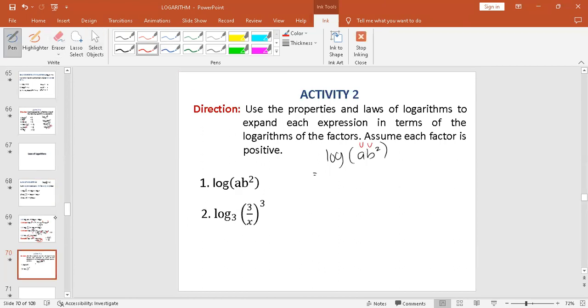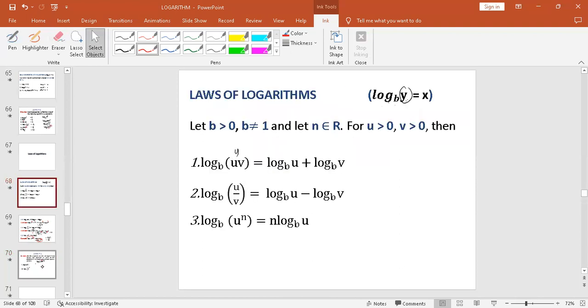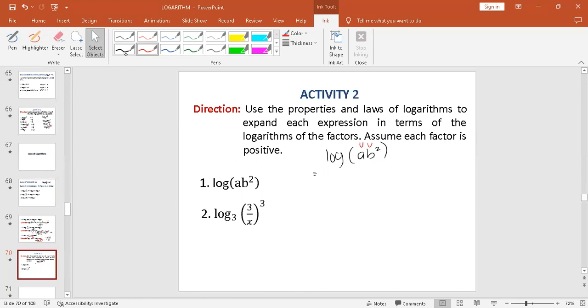Okay? So, paghihiwalayin natin sila using addition. So, we will write log of A plus log of B raised to 2. So, napaghiwalay na natin sila.